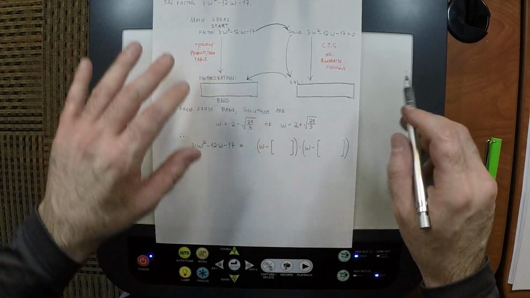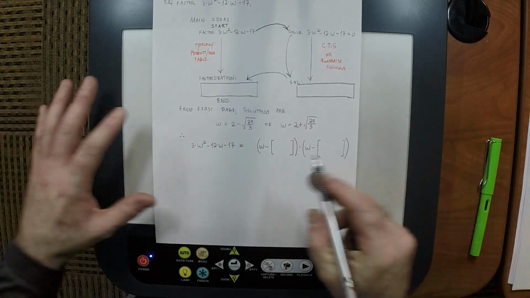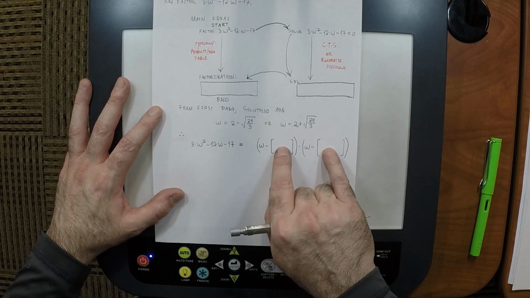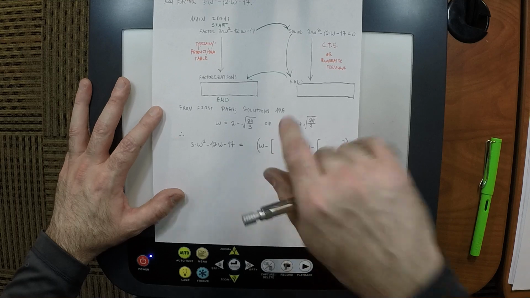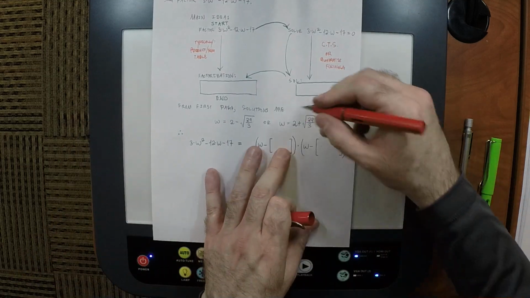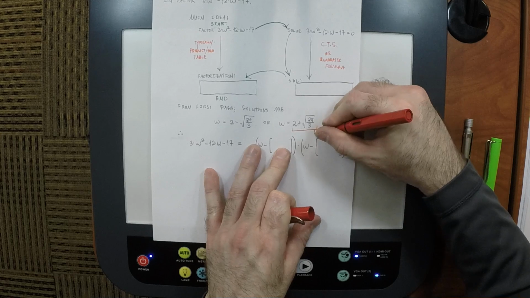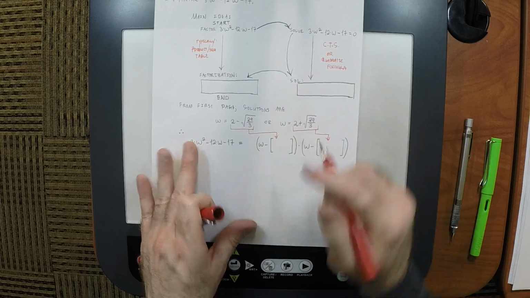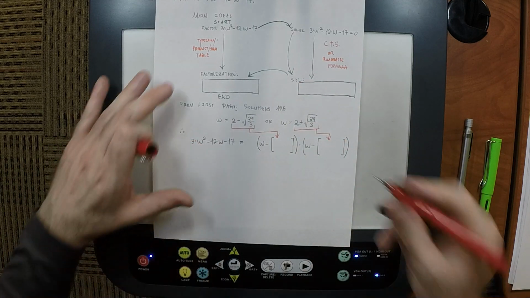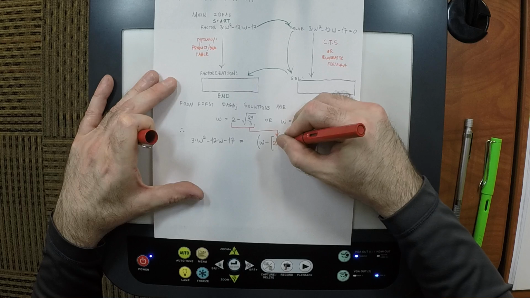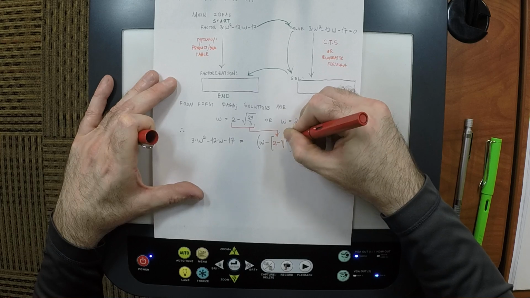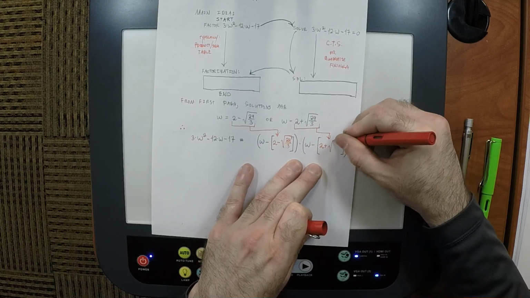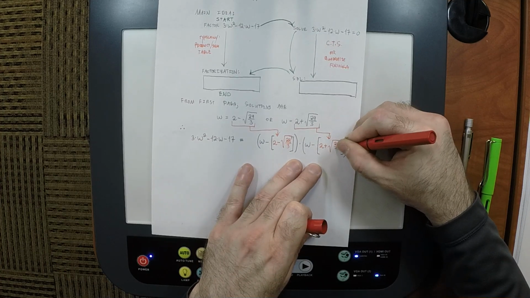Now you might distribute the subtraction and then it later becomes plus, but when it begins it's always minus. So what goes in these slots? The solutions. You could say this one in here, this one in here. Doesn't matter which one gets put where. So 2 minus square root 29 over 3, 2 plus square root 29 over 3.